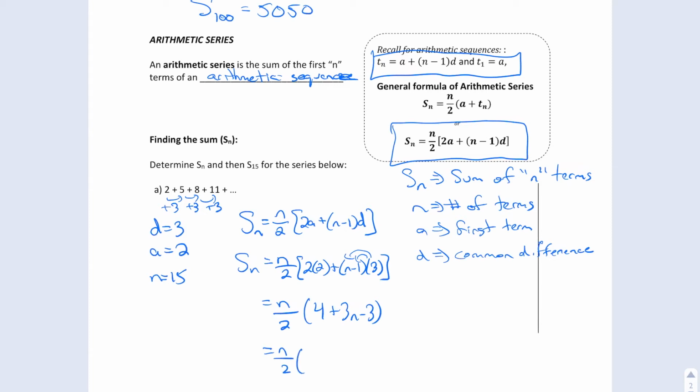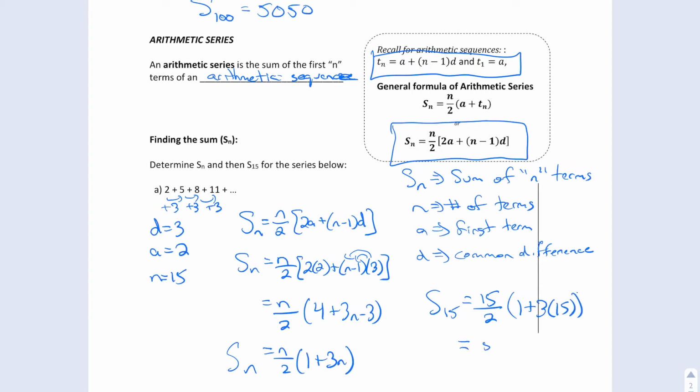We'll simplify what's in those brackets. So we've got 4, I'll distribute this 3 in there, plus 3n minus 3. This becomes 1 plus 3n. So there's my general formula for the sum of this specific series.